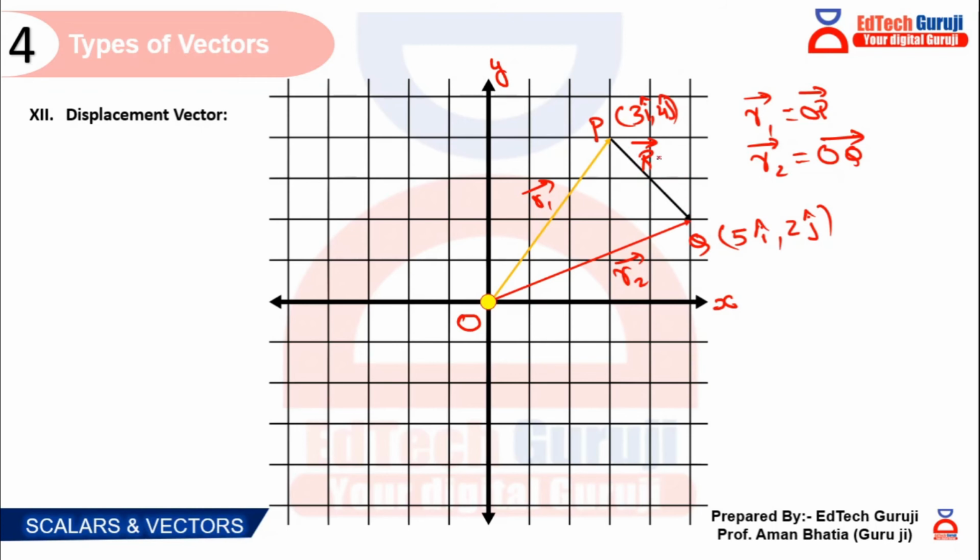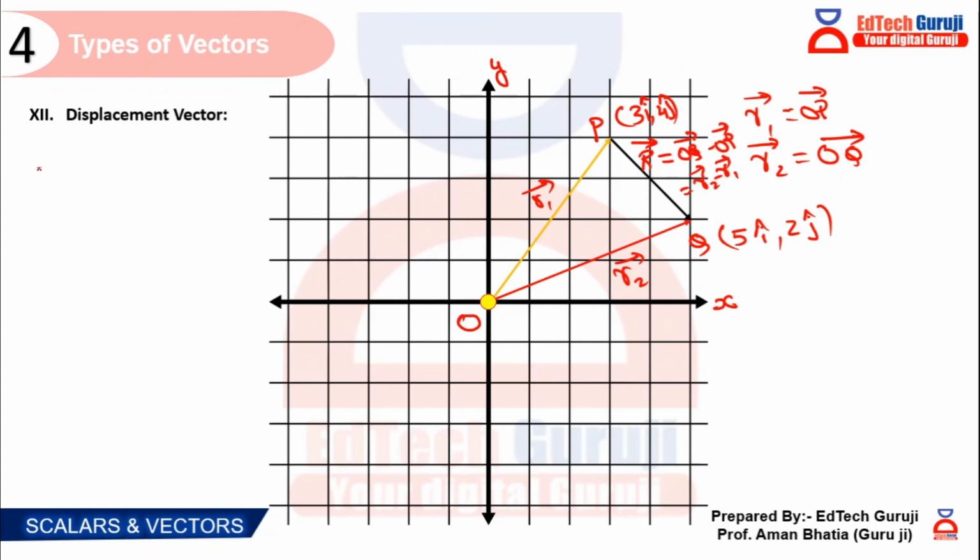So this will be given as final minus initial. That means OQ bar minus OP bar, or I can say R2 bar minus R1 bar. So this is going to be my resultant vector.